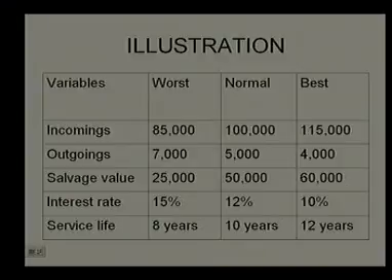Likewise, I have assumed the most unfavorable values of different variables for worst scenario. For example, outgoings, I have taken 7,000 under worst scenario. Salvage value, I have assumed low. So, from 50,000 I have assumed only 25,000 under worst scenario.